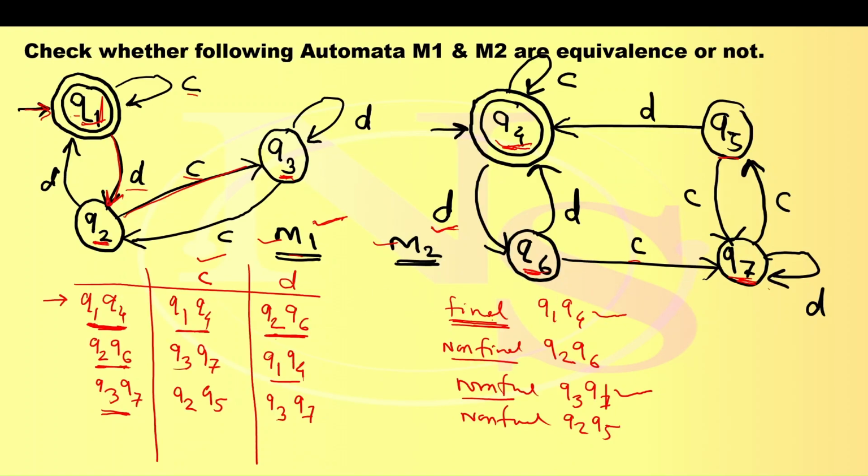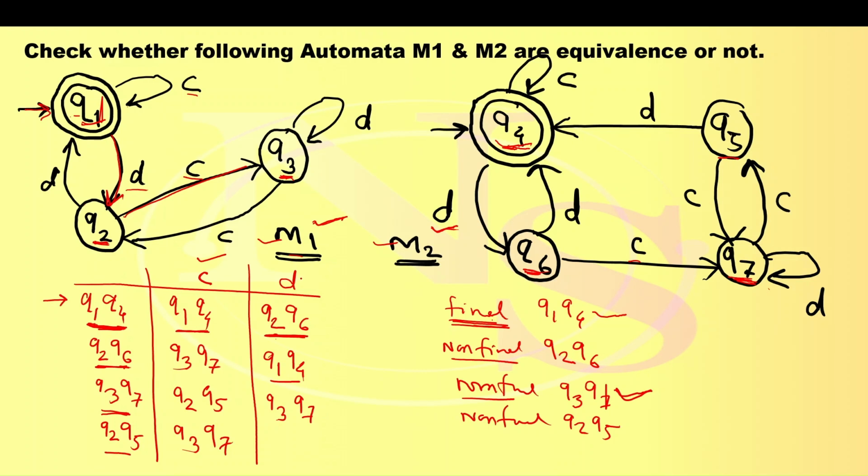What is new here? Q2 Q5 is new. Q2 on C goes to Q3, Q5 on C goes to Q7. So Q3 Q7, both are non-final, no issue.